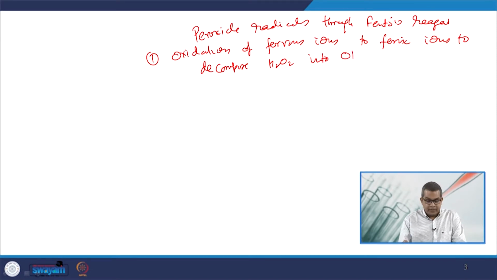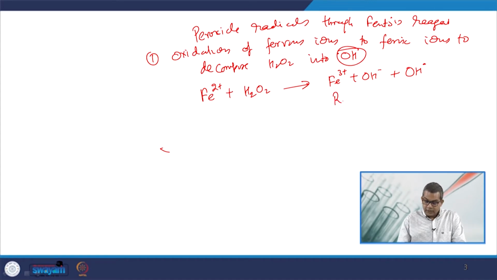If you recall, our main intention is to produce this hydroxyl radical. Now, here Fe2+ plus H2O2 gives you Fe3+ plus OH- plus OH radical.